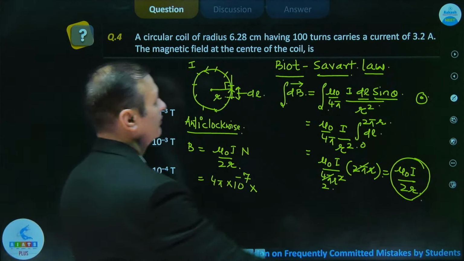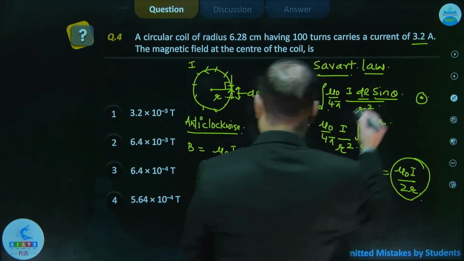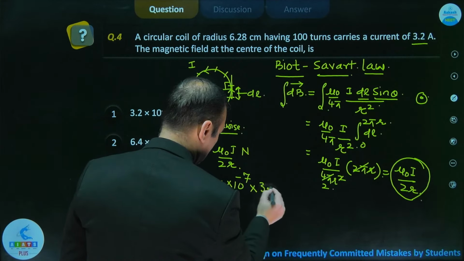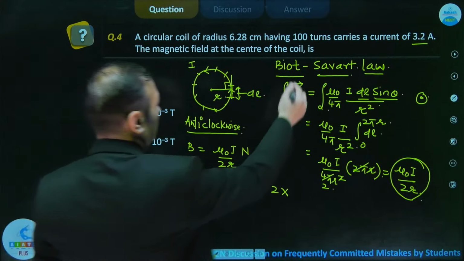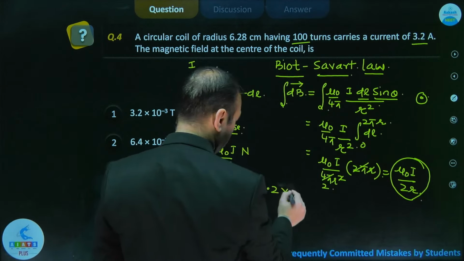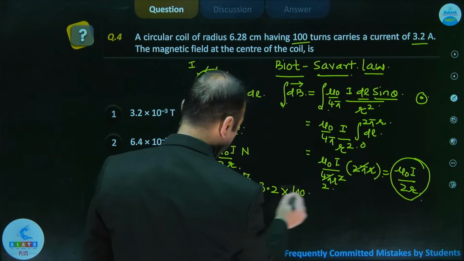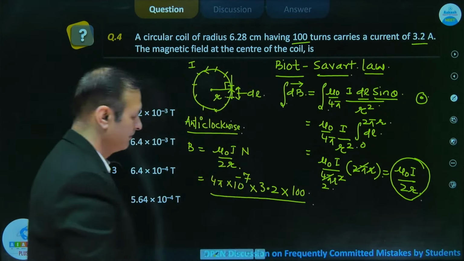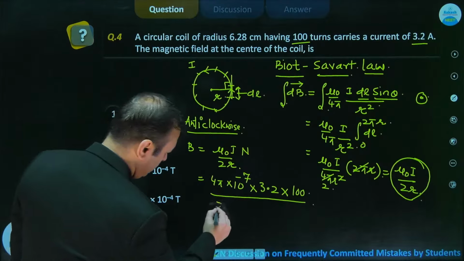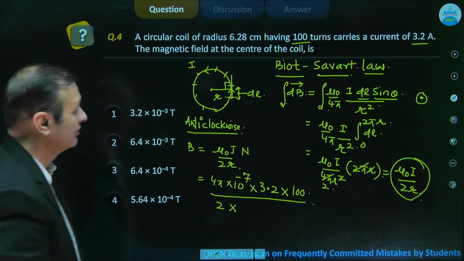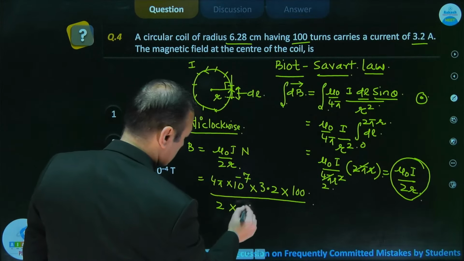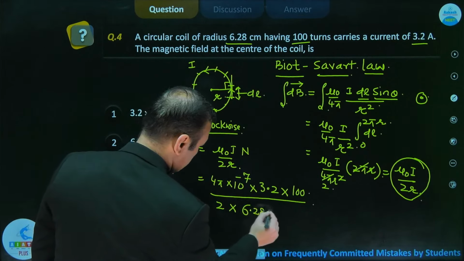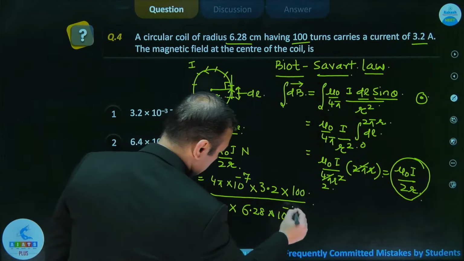What is the current? 3.2 into N. So it has 100 turns, into 100 by 2 into R. What is this R? 6.28 centimeter, and we'll keep it in meter.